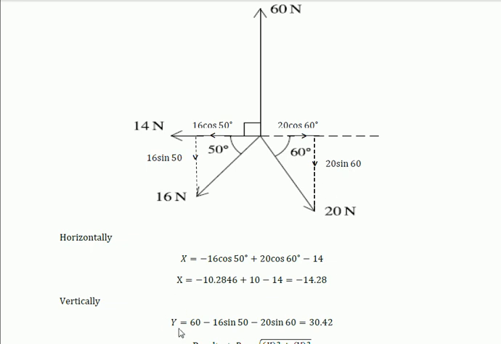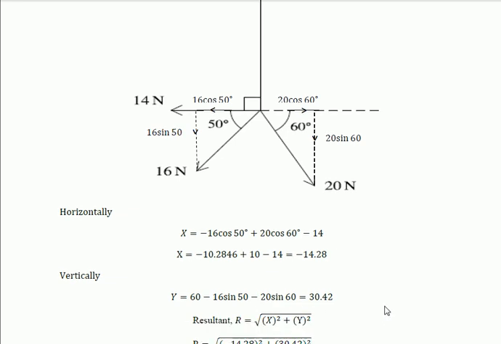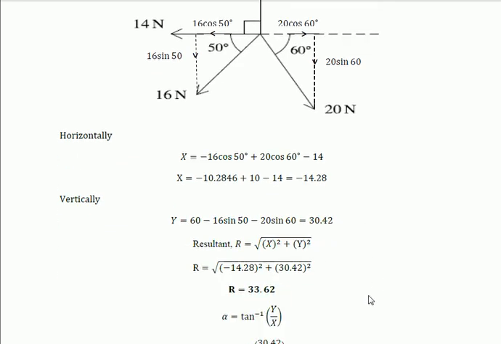So y equals 60, positive as it is upward, minus 16 sin 50, minus 20 sin 60. After simplification, we get 30.42.